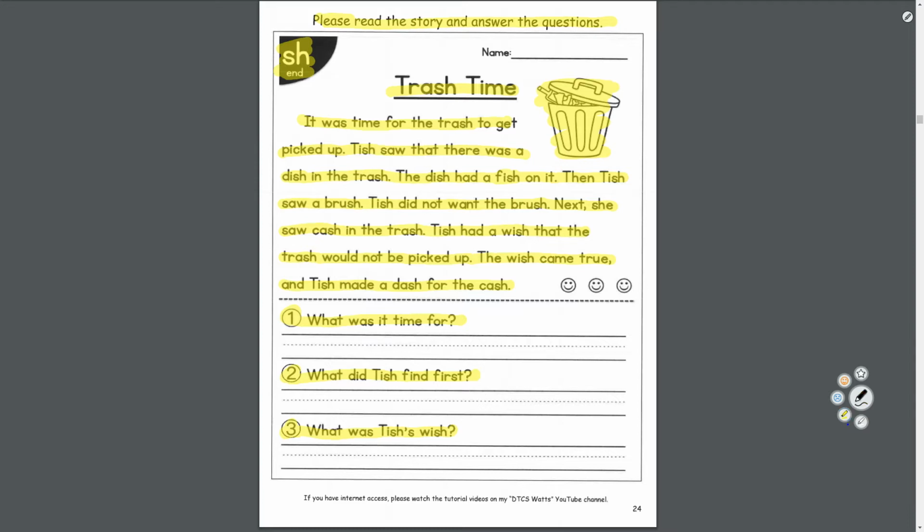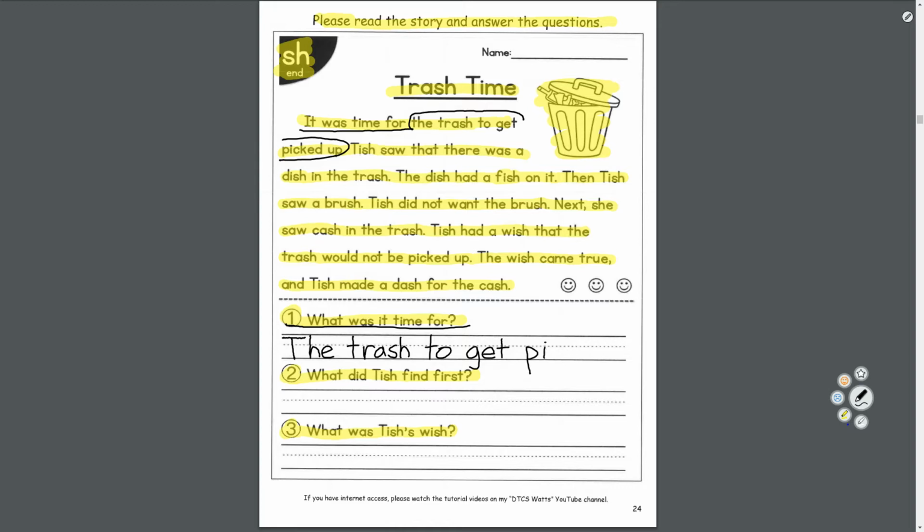Okay, question one. What was it time for? It was time for the trash to get picked up. So we're going to write it just like that, except with an uppercase at the start. It was time for the trash, that means garbage, to get picked up, probably by the garbage truck.